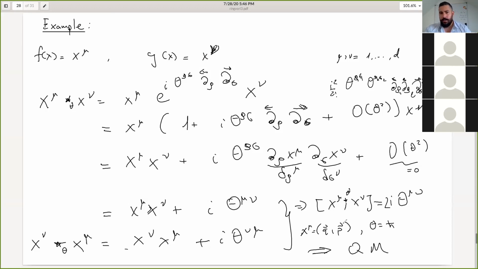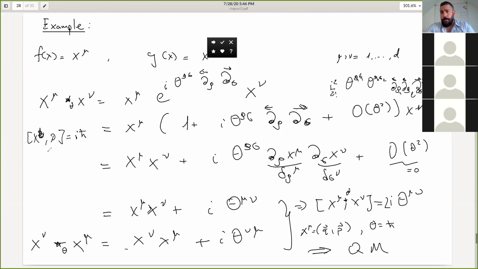Now, the interesting thing, so why am I doing all this nonsense with the non-commutative star product? It is so in quantum mechanics, as I told you in the beginning of this lecture, you have the commutator, let's just take 2 dimensions, x and p equal to i h bar, right? These are self-adjoint operators, unbounded, defined on some dense subspace of some Hilbert space.